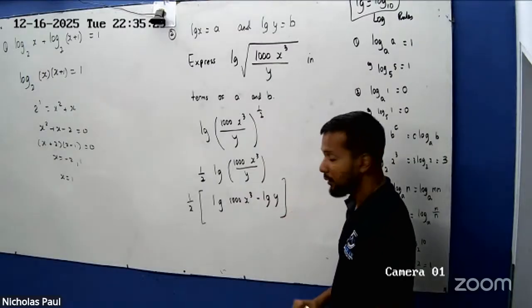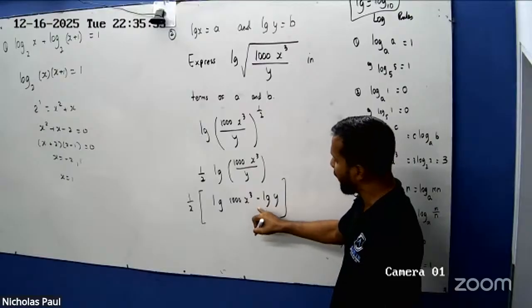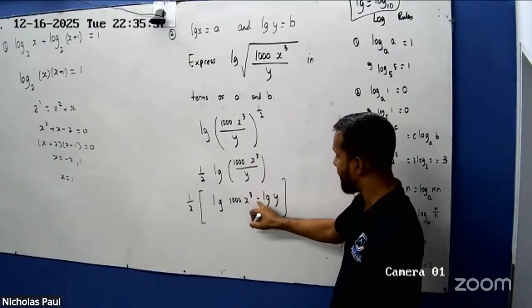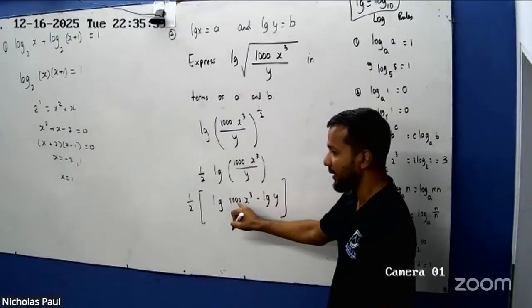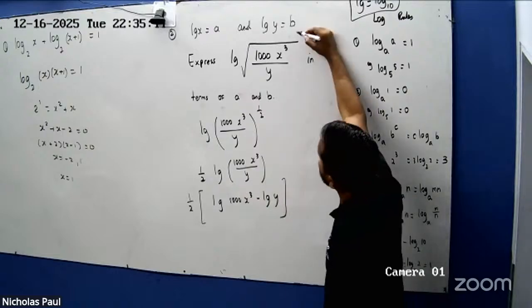I turn the divide into a minus. Always make sure: can I go back from here to here? Yep. Minus, same base, divide. And I know what log y is.